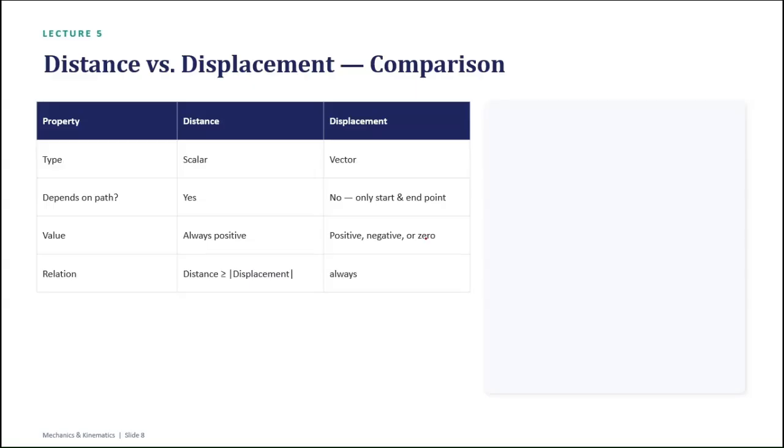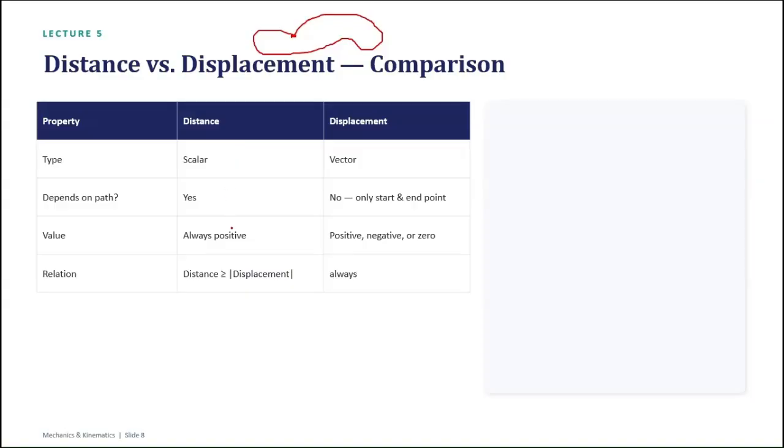For example, if a body moves from this point, it moves from here and here and here and here, and then it comes back to this point. So it has covered some distance, right?